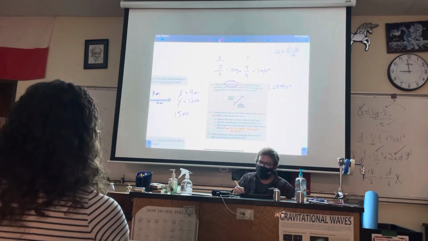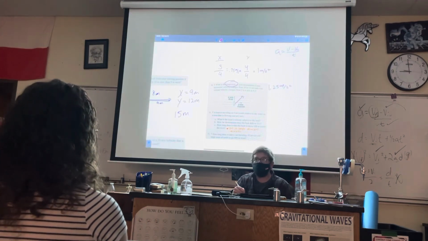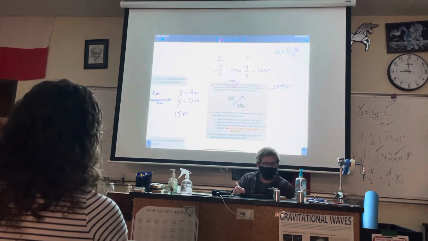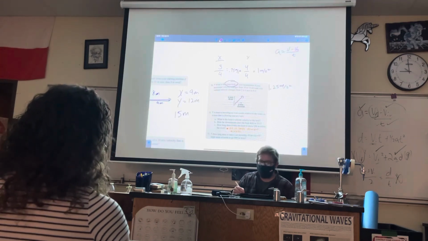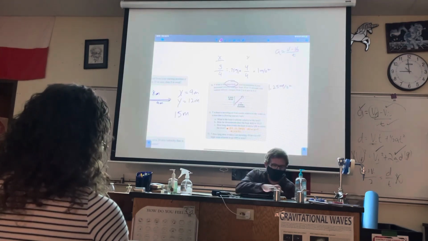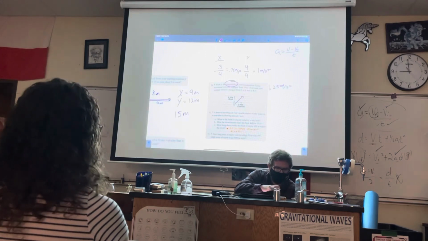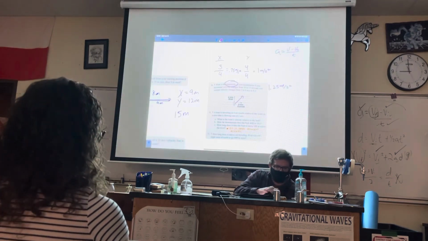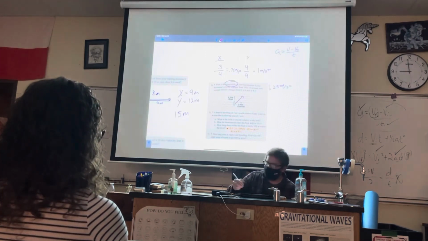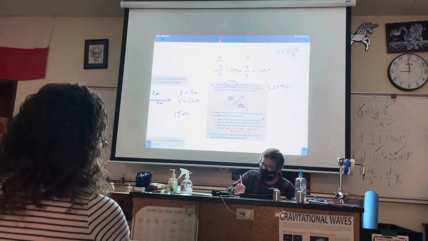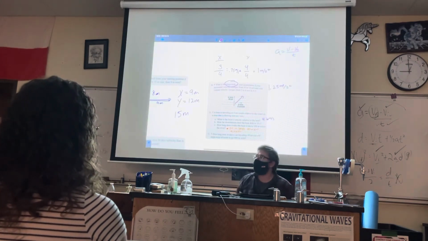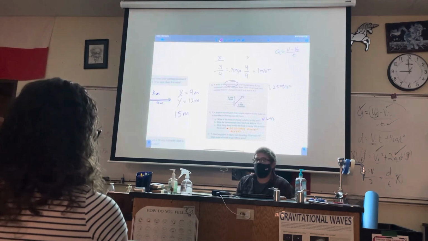So the boat's velocity relative to land, guess what we have to do? Pythagorean theorem. So 4 squared plus 2 squared is 20, and the square root of 20 is something in between 4 and 5. So 4.6 meters per second.